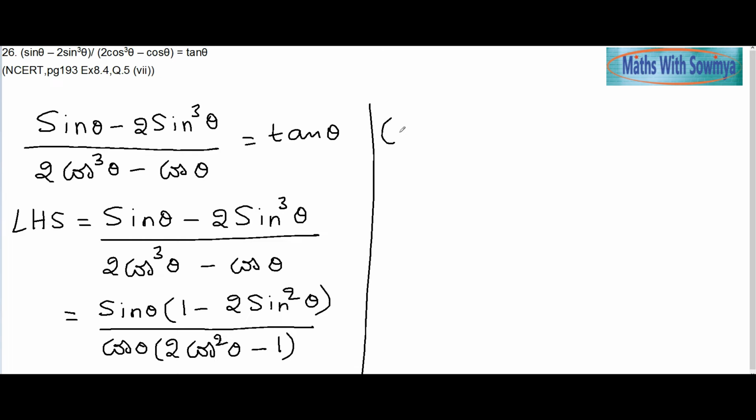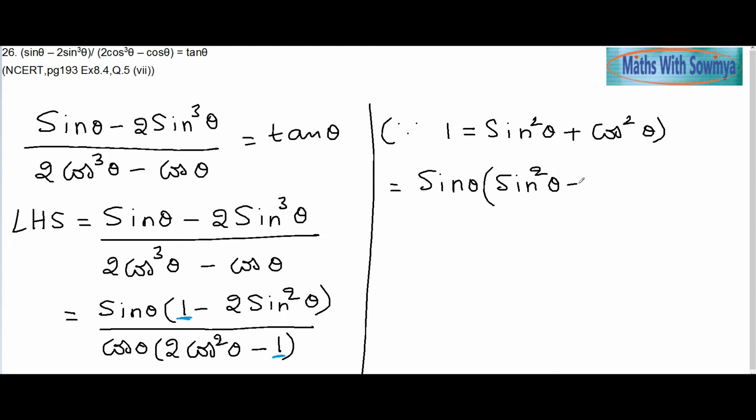We know that 1 is sin square theta plus cos square theta. So, where all we are having 1, here in the numerator and denominator, we will replace it. In place of 1, I will write sin square theta plus cos square theta.